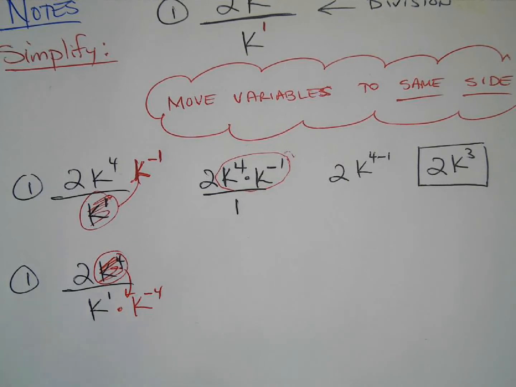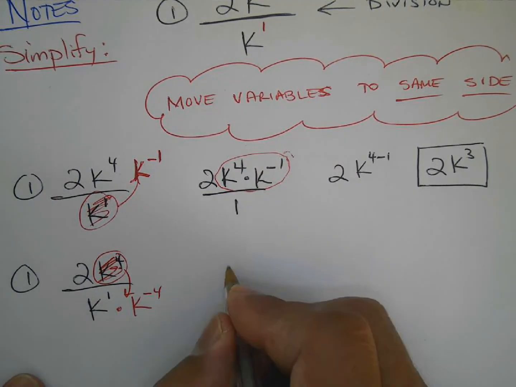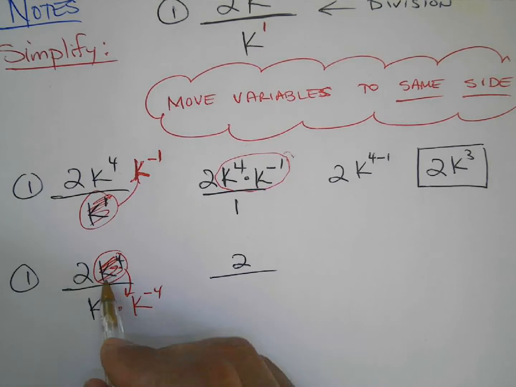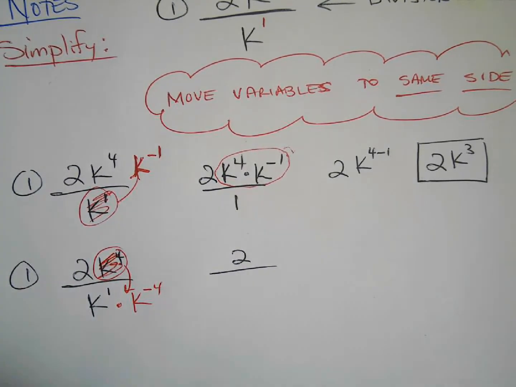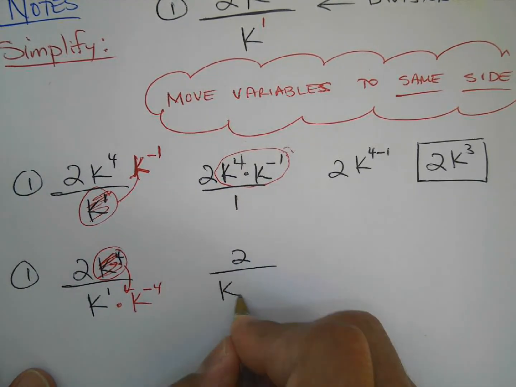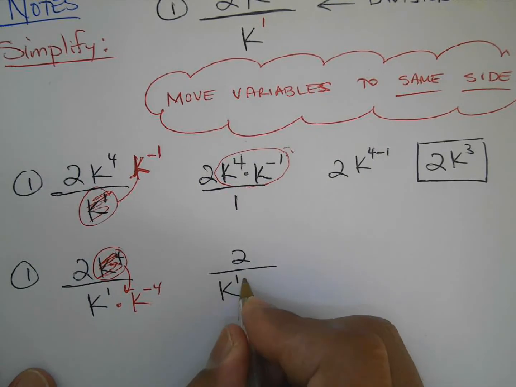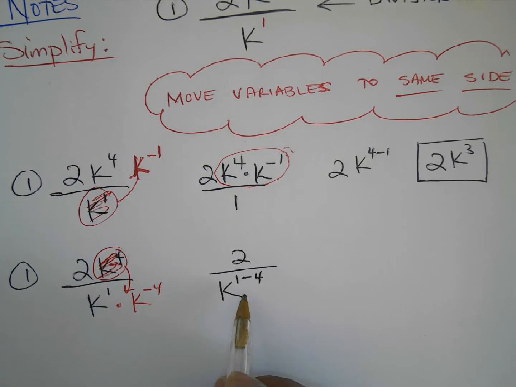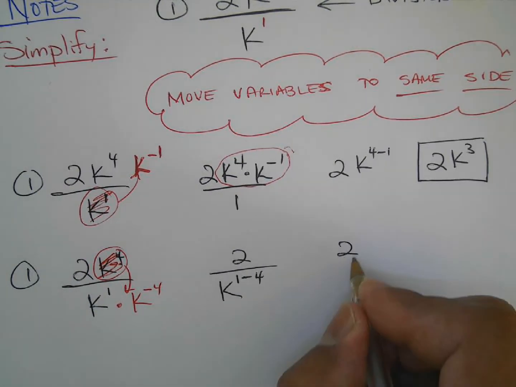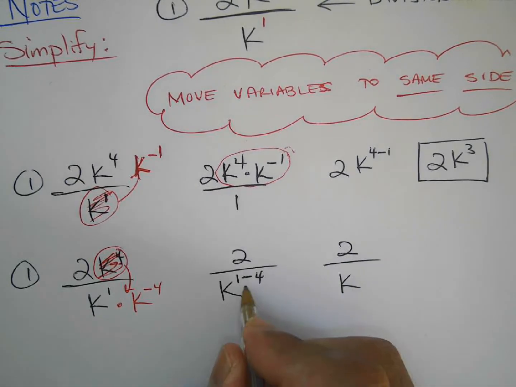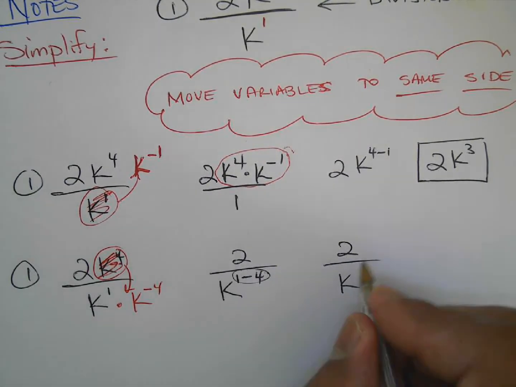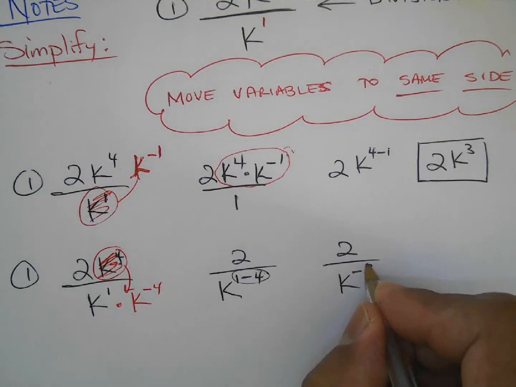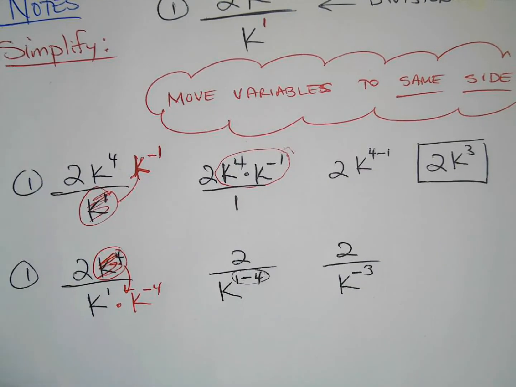When I move it this way, we only have the 2 left on top. But now when you do the product rule here, it'll be 1 take away 4. You see? 1 take away 4 is not 3. You'll get 2 over k to the what? When you add this, you get negative 3.